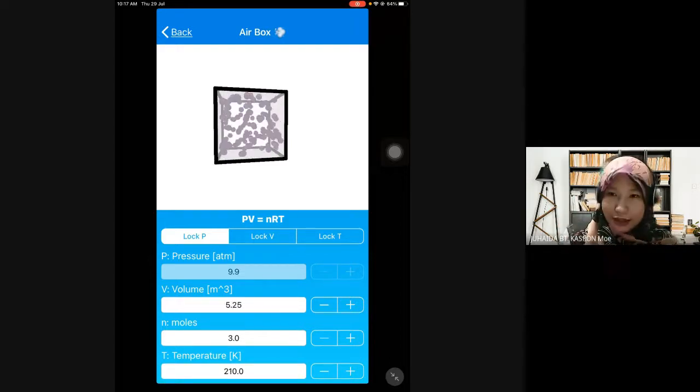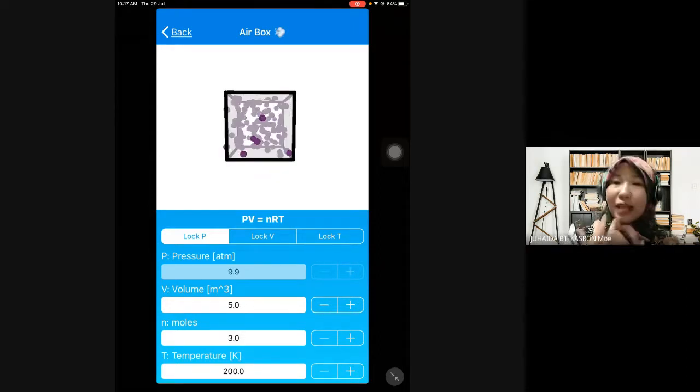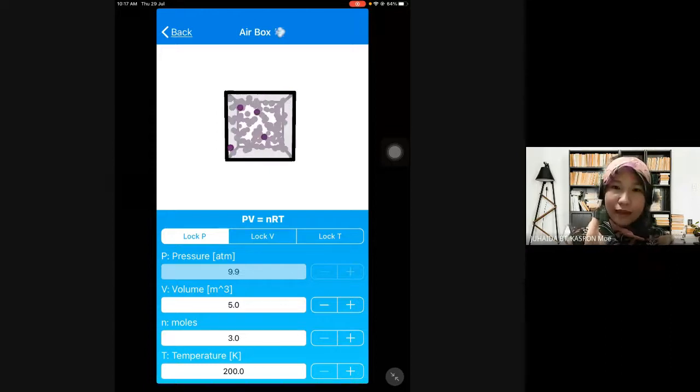When the temperature increases, the energy also increases, and the space between the molecules gets further and further. So please remember that the temperature shows the kinetic energy of the particles. The higher the temperature, the higher the kinetic energy.